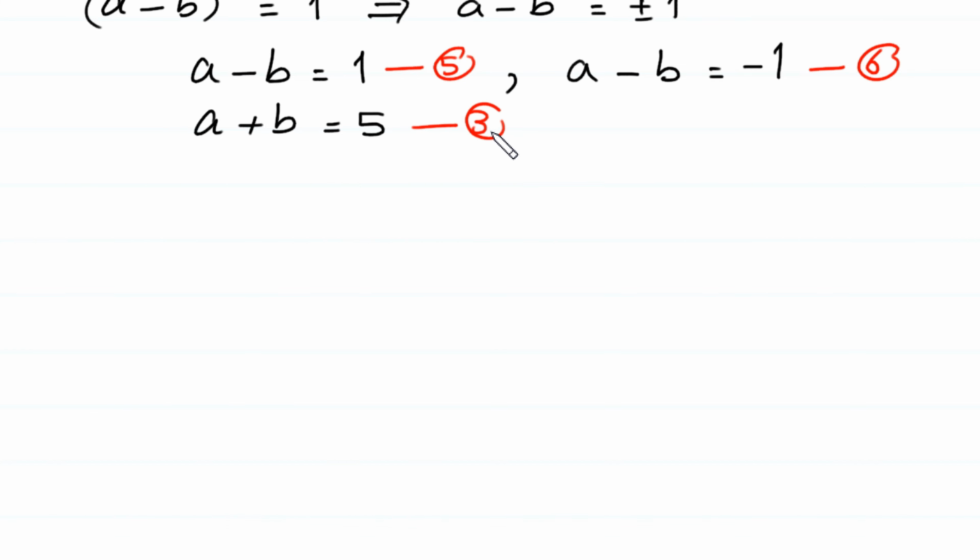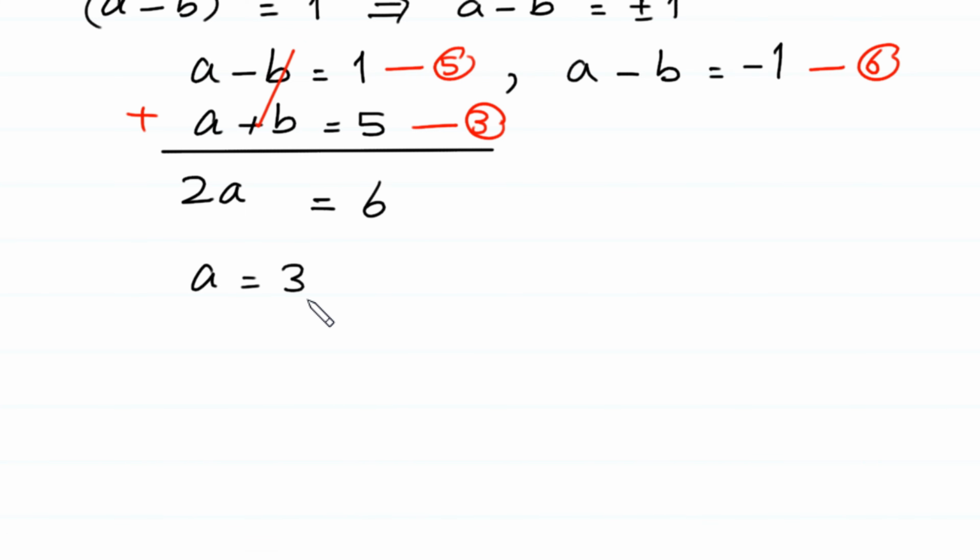This is equation 3, and we add these two equations, 1a plus 1a, 2a, and this negative b will be cancelled with this positive b, is equal to 1 plus 5, 6. And if we divide both sides by 2, we get the value of a, 3. And if we put this value of a, 3, in equation 3, we get the value of b, 2.